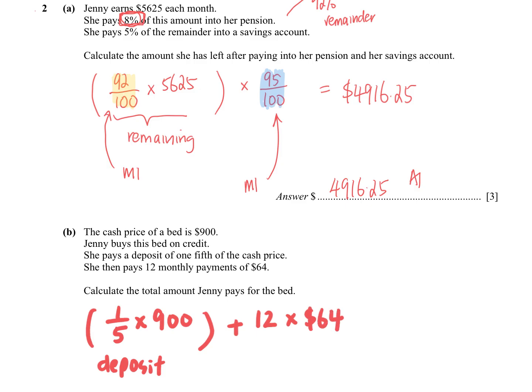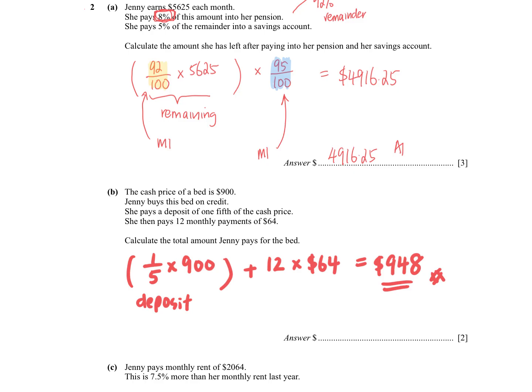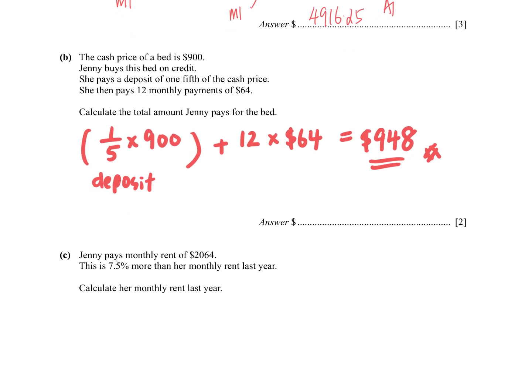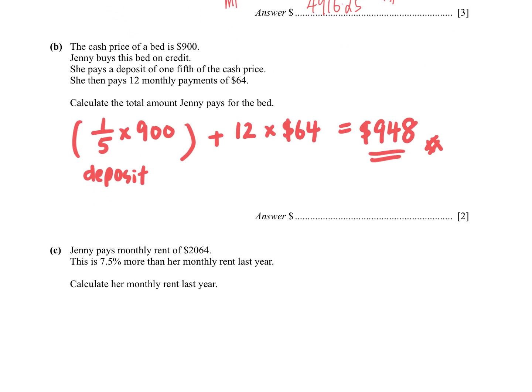So in total, this is the amount she paid. She paid $948. That's all. So the deposit 1/5 and 12 monthly installment of $64. So all these quite clear cut.